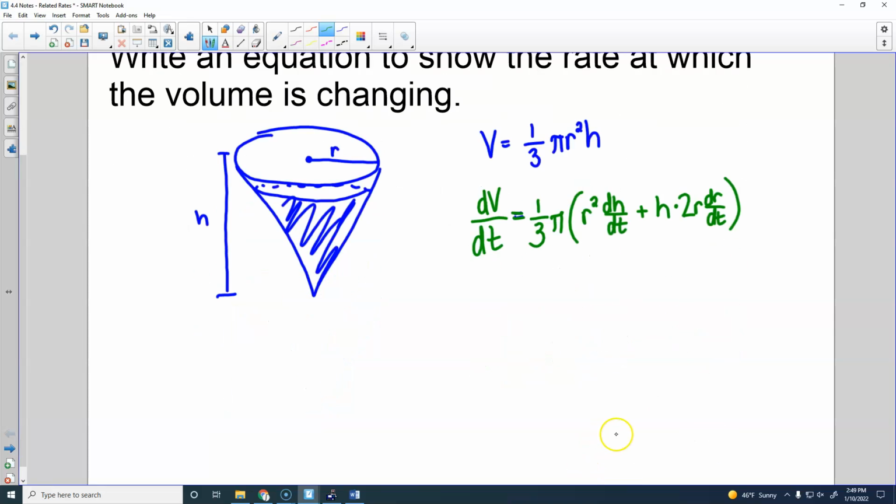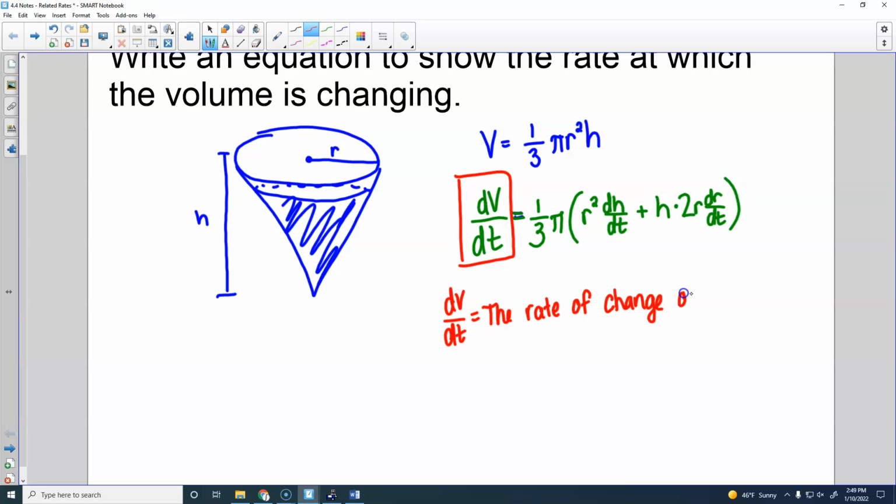So, in this equation right here, this dV/dt is the rate of change of volume with respect to time.